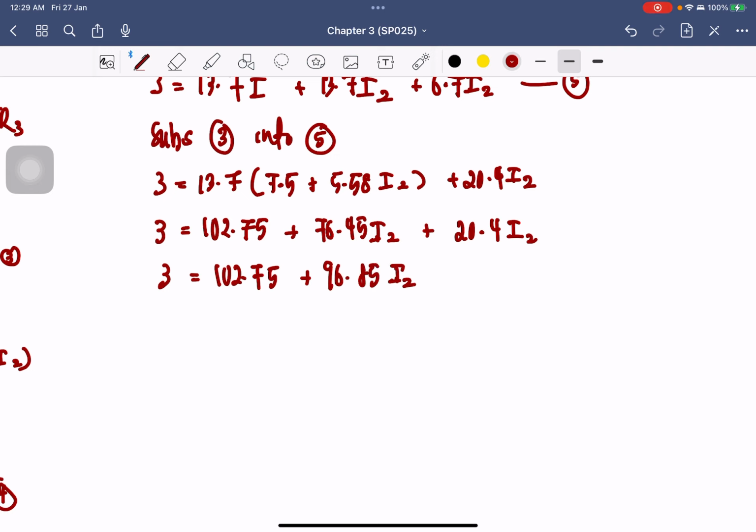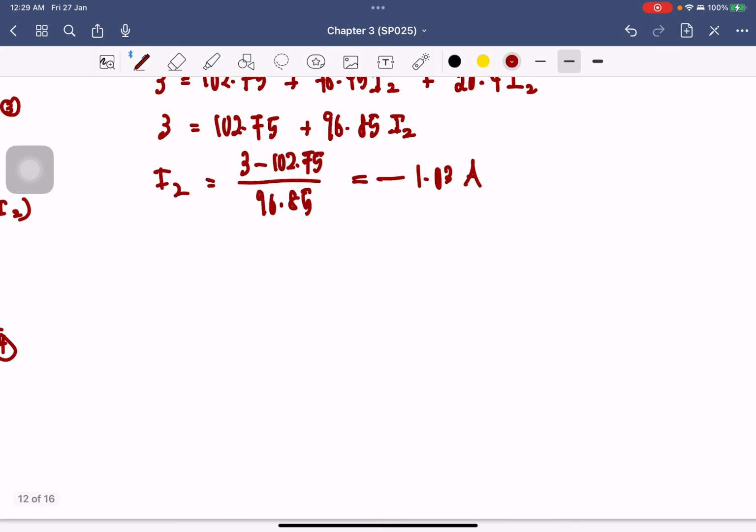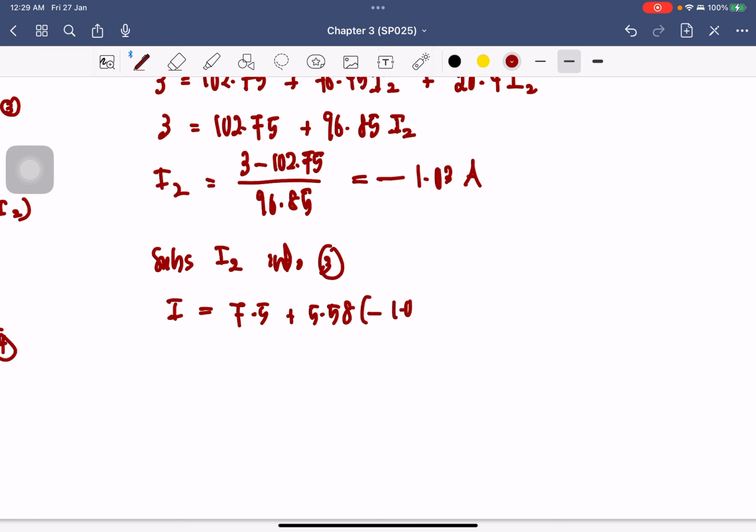Okay, so we get this, then we can simplify. You will get negative 1.03 ampere. Okay, so negative means the direction for current number 2 should be reversed. So now we can substitute I2 into equation number 3. So it's going to be I equals 7.5 plus 5.58 times negative 1.03, so you will get I to be equal to 1.75 ampere.